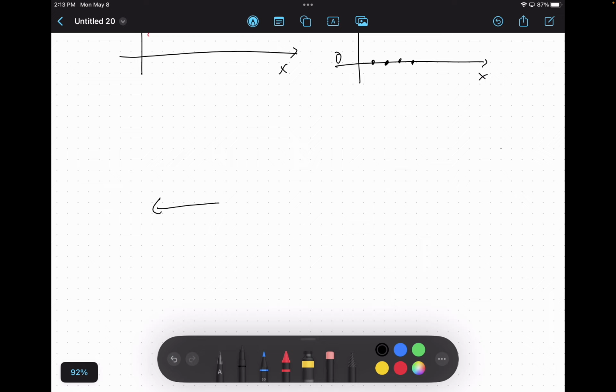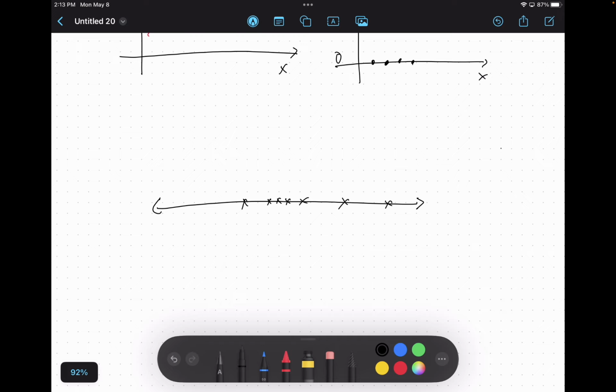If I have a bunch of data points that maybe are on this line here, with a likelihood function, you're assuming that there's some kind of probability distribution that covers these points.